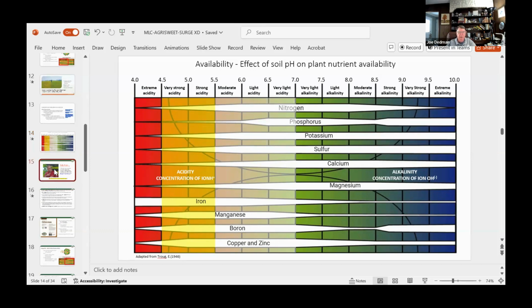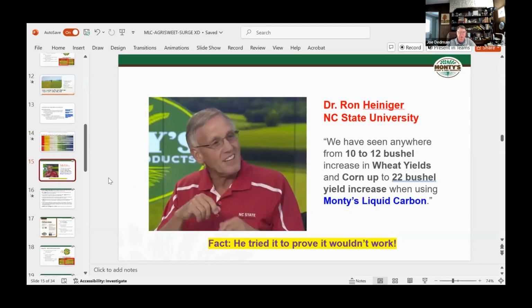One of our big components has been using our products now for probably 12 years or so. And he is the one that actually began to use it in the beginning to prove that it wouldn't work. But he has really been an instrument in helping us promote the benefits of our liquid carbon.